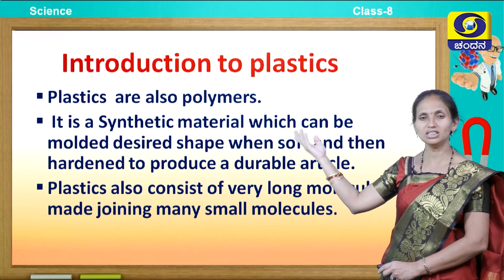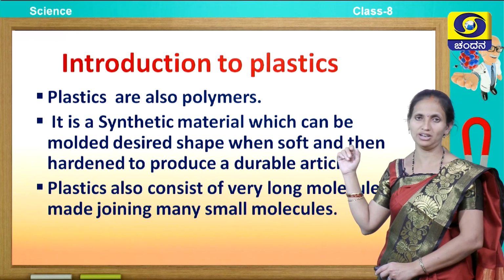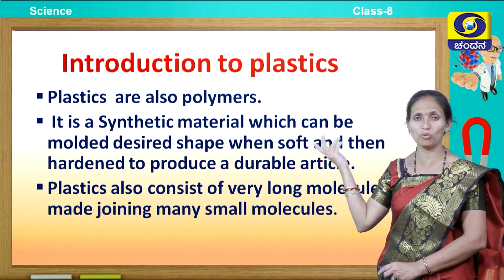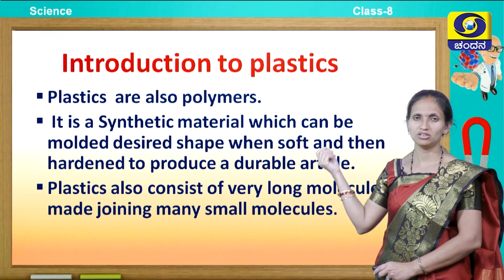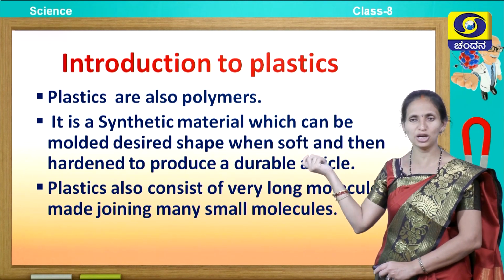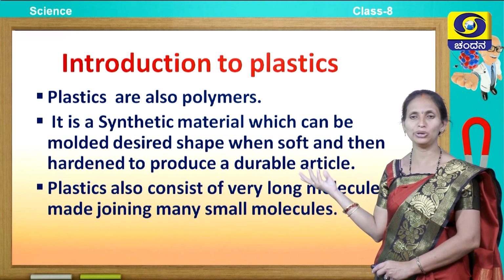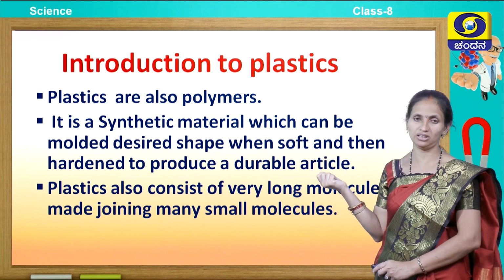It is a synthetic material which can be molded into the desired shape. We can give the shape we desire when it is soft, and then it can be hardened to produce a durable article after cooling.